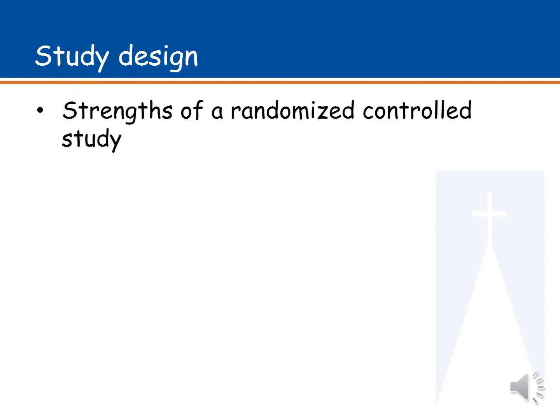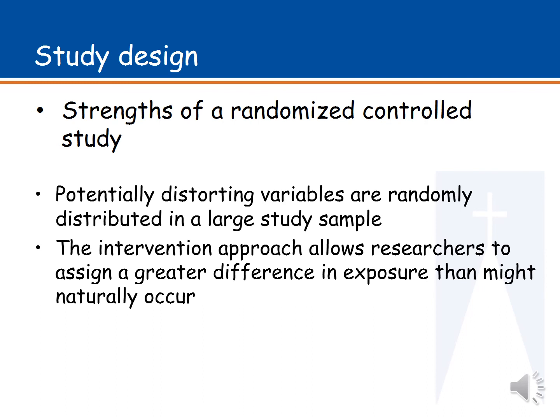What are the strengths of the randomized controlled type of study? All of the potentially distorting variables, we're going to talk about those as confounders, are randomly distributed in a large study sample. So in other words, this takes away any potential sources of bias related to socioeconomic status or other variables that might distort your results.